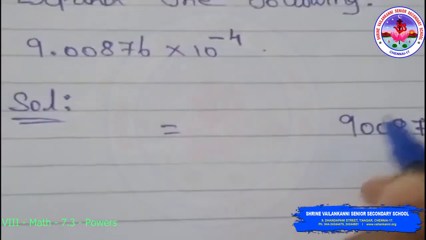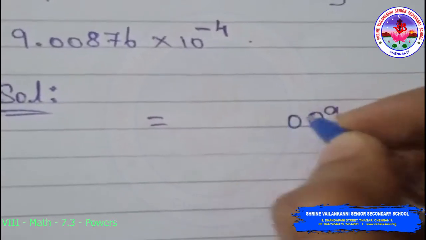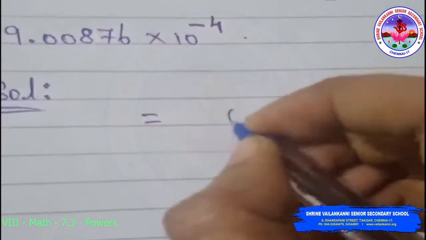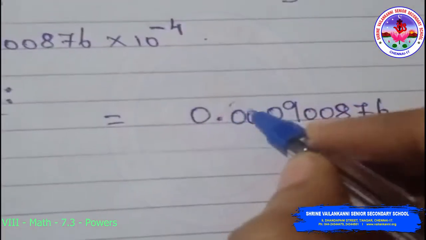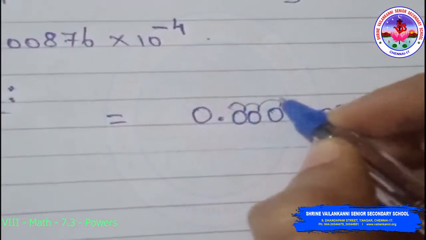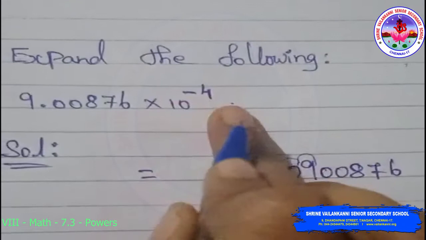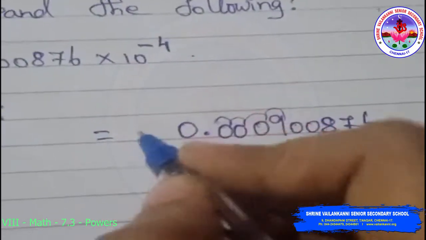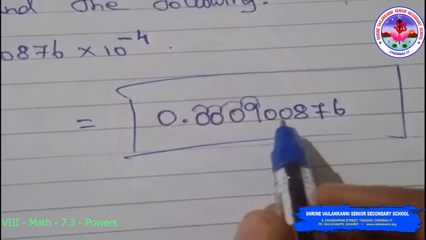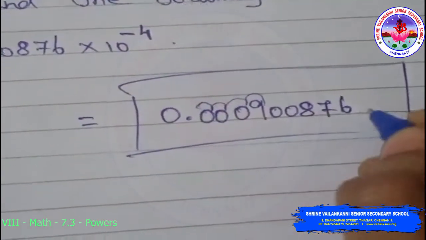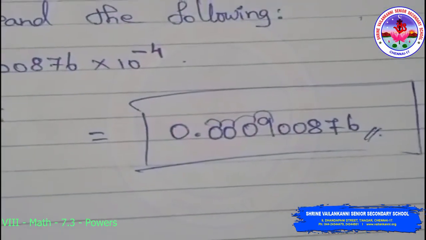Here first 1, 2, 3 and 4. 0.0. Now you can check 1, 2, 3 and 4. So the value is 10 to the power of negative 4. The number is 0.000900876, which is the expanded form.